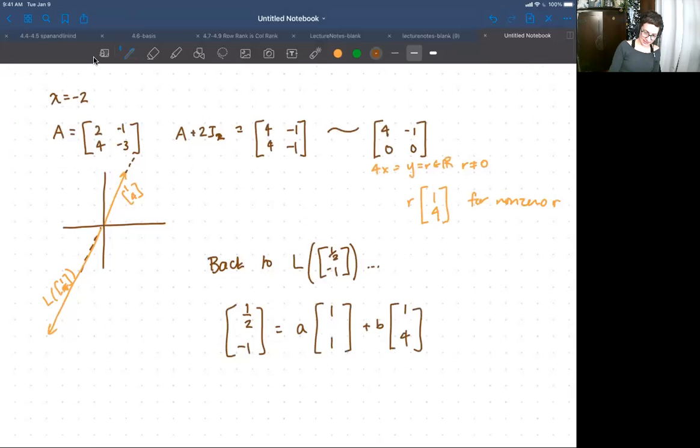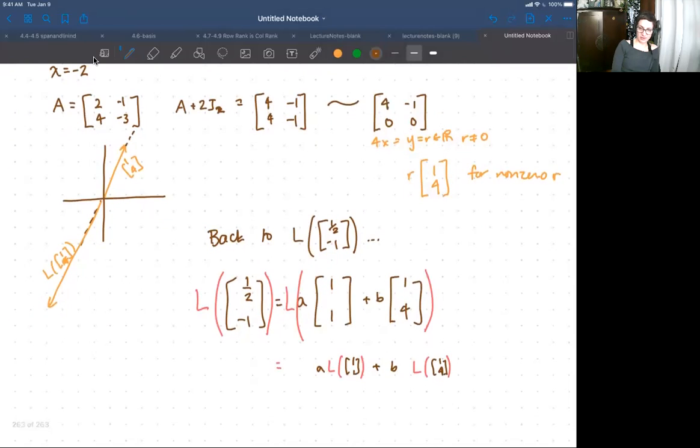if I apply L to this thing, apply L in pink for change of pace, this is going to be super rad because I know that I preserve my scalar multiplication and addition. So I've got A times L of (1, 1) and B times L of (1, 4). And oh gosh, I know exactly what L does. I don't have to go drawing pictures. I can just write down the eigen stuff, right?